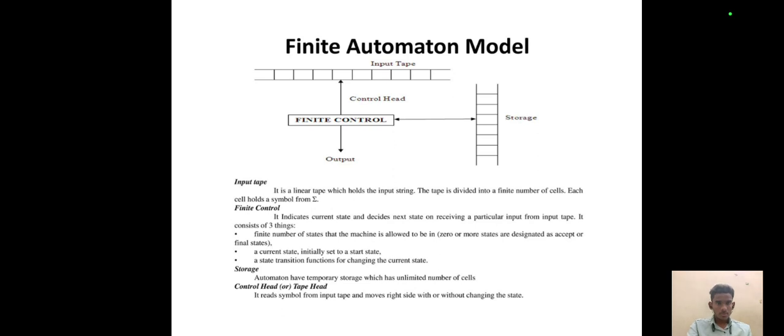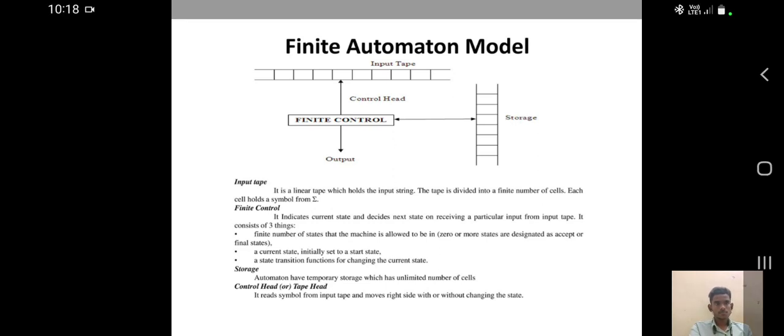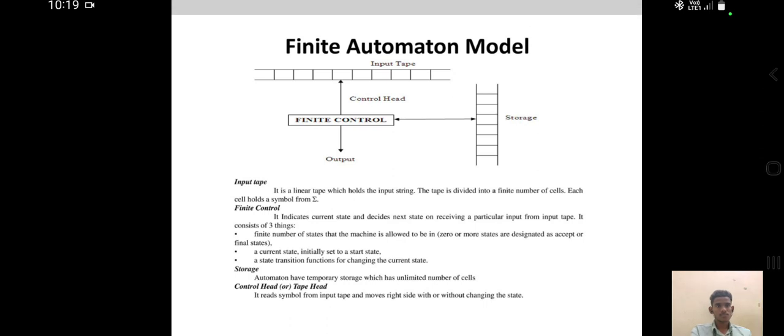Storage: the automaton has temporary storage which has an unlimited number of cells. Control head or tape head: it reads a symbol from the input tape and moves right, with or without changing the state. This is about the finite automaton model.